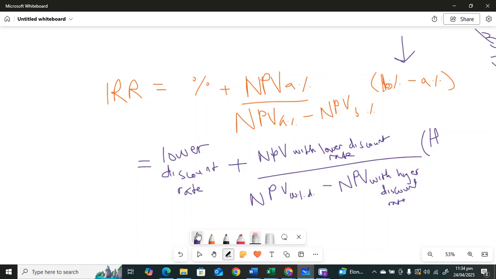Let me use L% for the lower discount rate. So NPV L%. Then when there's the higher rate, I put H. Does that make life better?